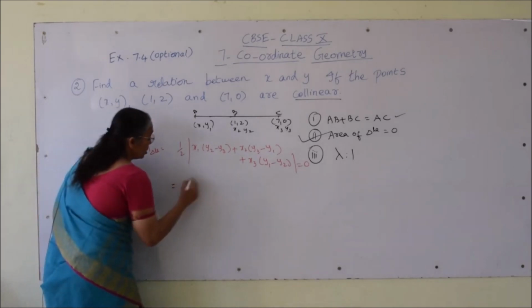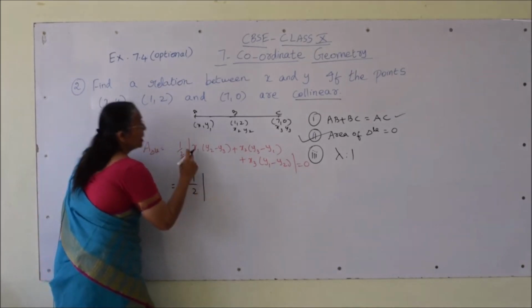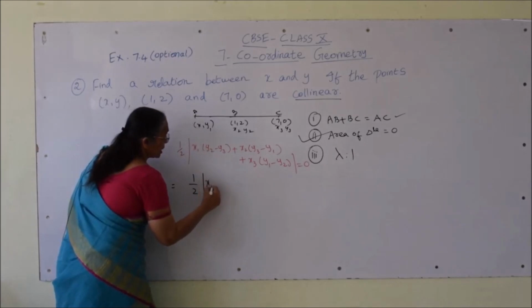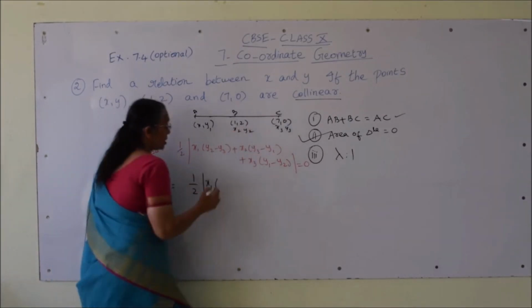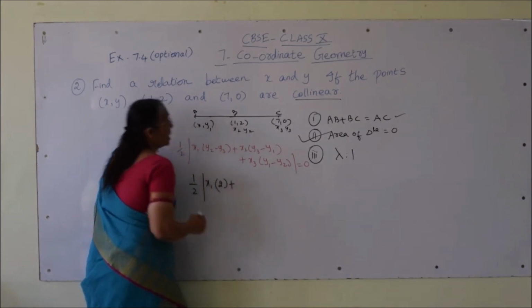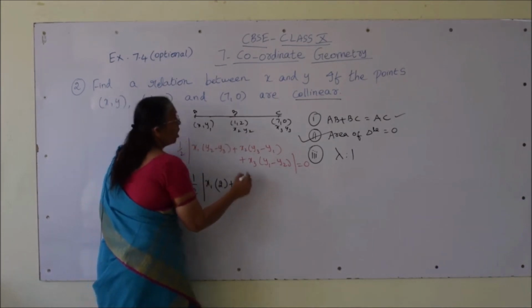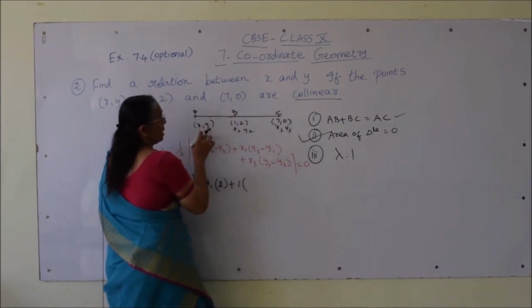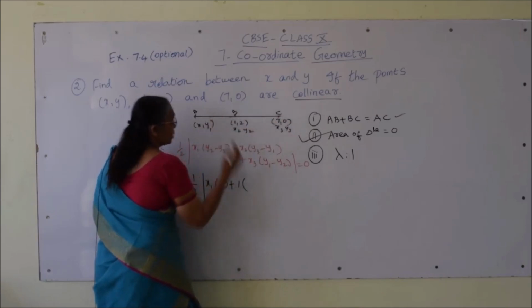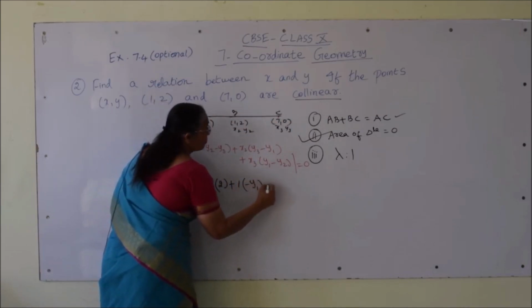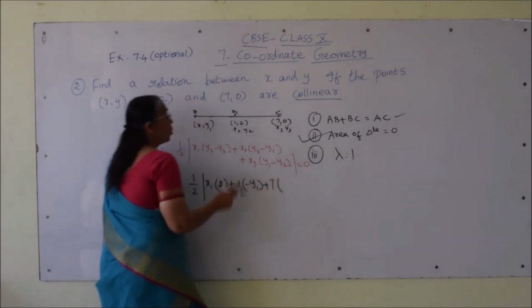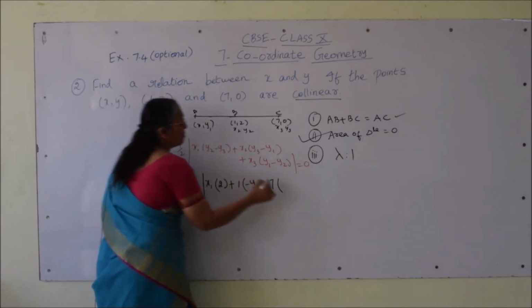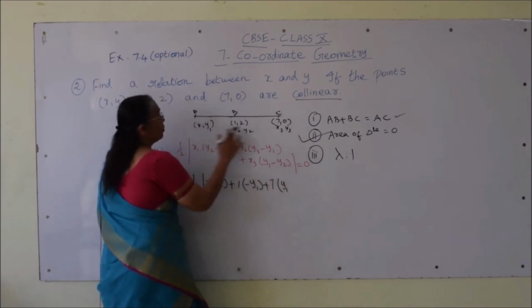So, using that concept, half mod x1, here we are using x1 only, (y2 minus y3), 2 minus 0 which is 2, plus x2 which is 1, of (y3 minus y1), 0 minus y1 which is minus y1, plus x3 which is 7, of (y1 minus y2), y1 is y1 only and y2 is 2.